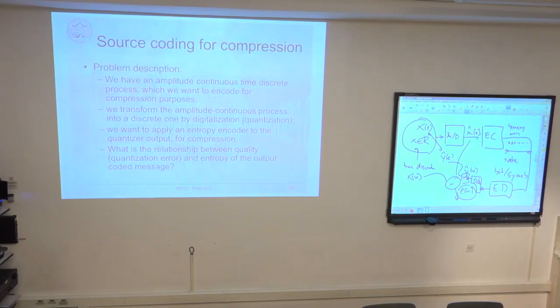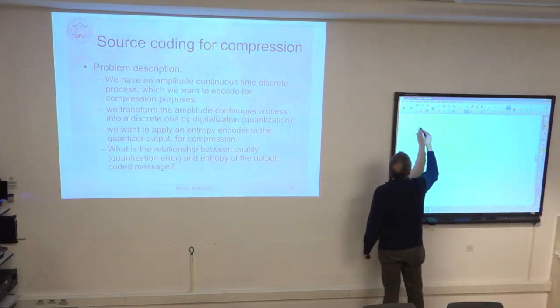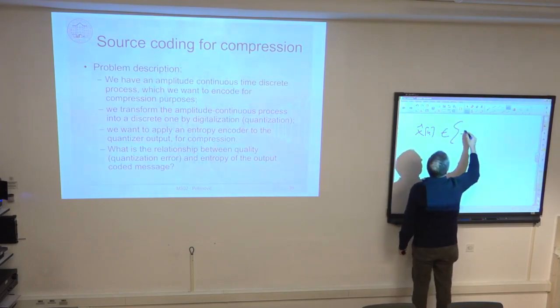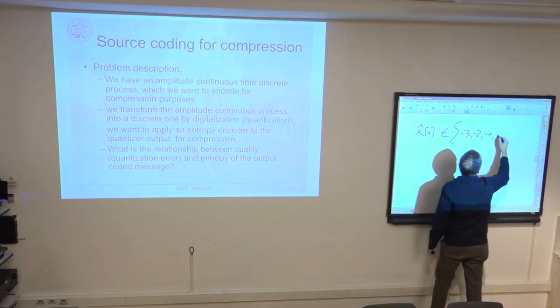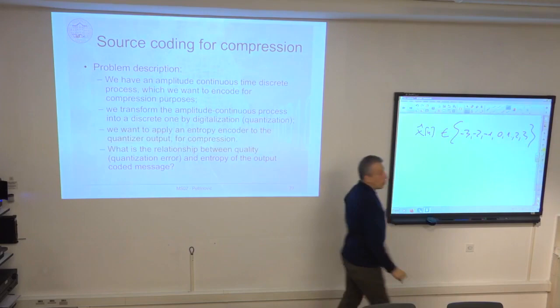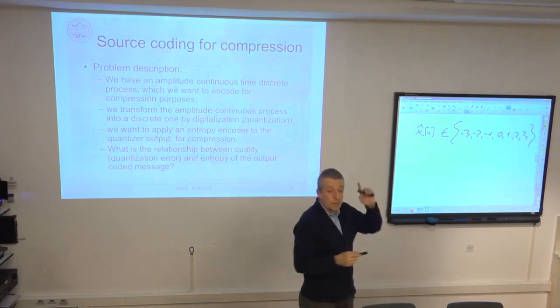And the rate required to transmit the sequence of numbers X hat depends on the entropy of this X hat of n. So I know what are the probabilities of all the symbols. For example, this X hat of n might be quantized as symbols -3, -2, -1, 0, 1, 2, 3. So these might be the possible symbols at the output of the AD converter. We only have 7 symbols.